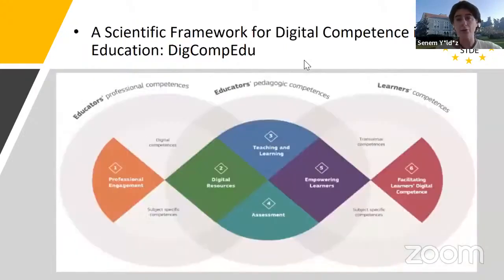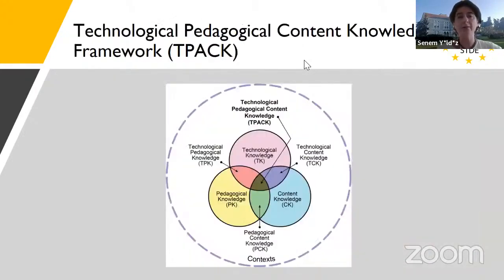Another one, this is from Europe. This framework is a little bit older, maybe not more established, but it has been around for a while, and it's been used in many research and teacher education programs. It is the Technological, Pedagogical, Content Knowledge framework, TPACK. Here, teachers' knowledge is broken down into three parts, where there is the content knowledge.